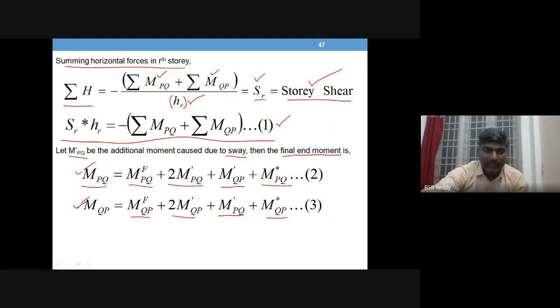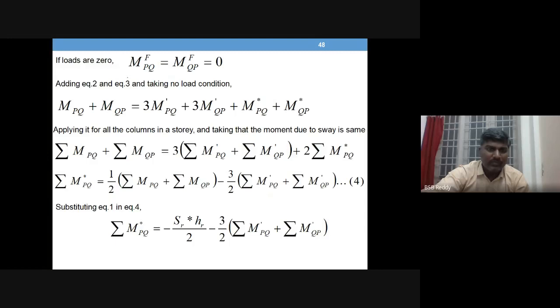Okay, right. Now if there is no load acting on the column, for example, the fixed end moment due to loads will be 0, because if you have a particular column and there is no load acting on this column, the only load is acting on the beam, let us say.